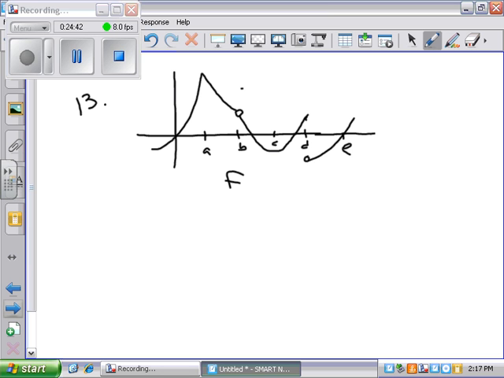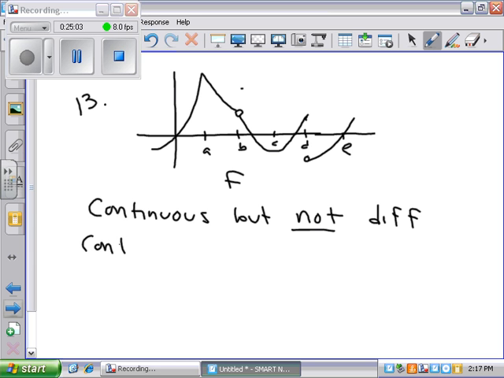We have to find where the function is continuous but not differentiable. So we want it to be continuous, but not differentiable. First, tell me at which of these points it is continuous.